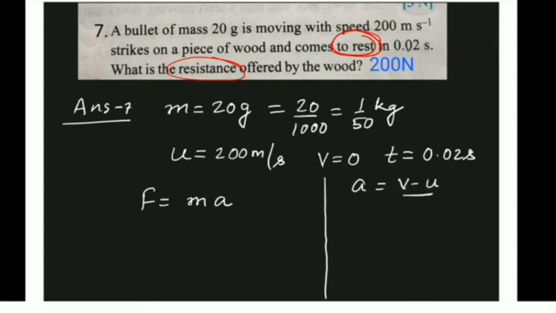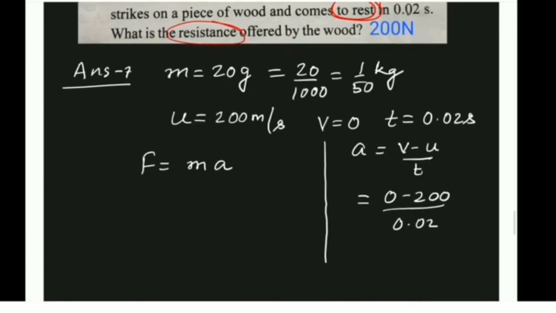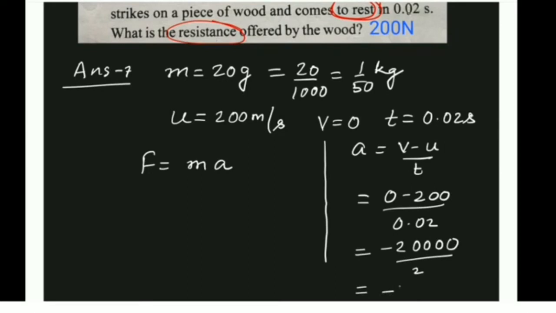a = (v minus u) upon t. The value of v is 0, u is 200, and t is 0.02. If you remove this decimal, 2 more zeros will be added in the numerator and your acceleration will be minus 10,000 meter per second square.